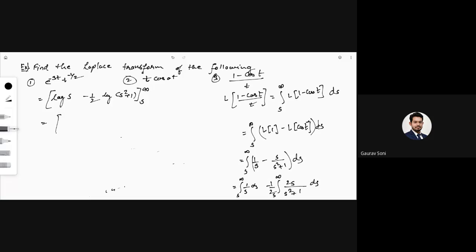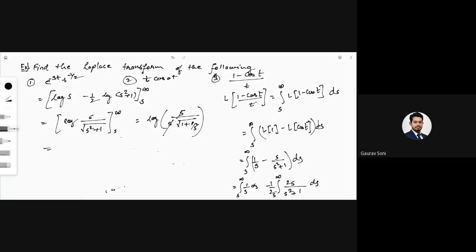We know the formula: log of s upon under root s square plus 1, from s to infinity. When you put the upper limit, again the value does not exist, but what I can do is take s square common from the denominator. So we'll have s upon s under root 1 plus 1 by s square.